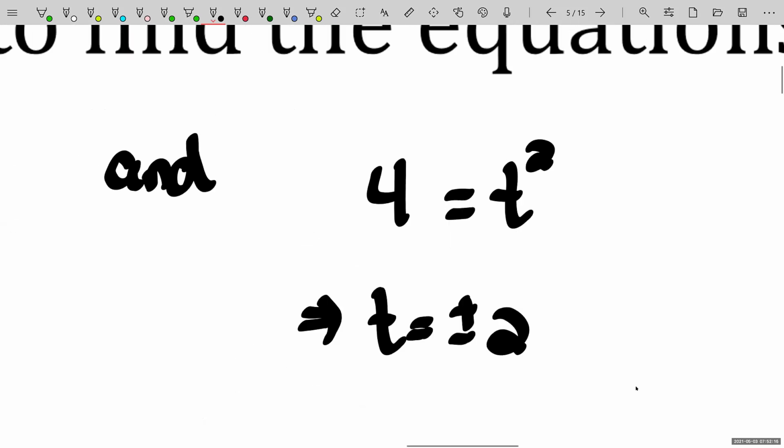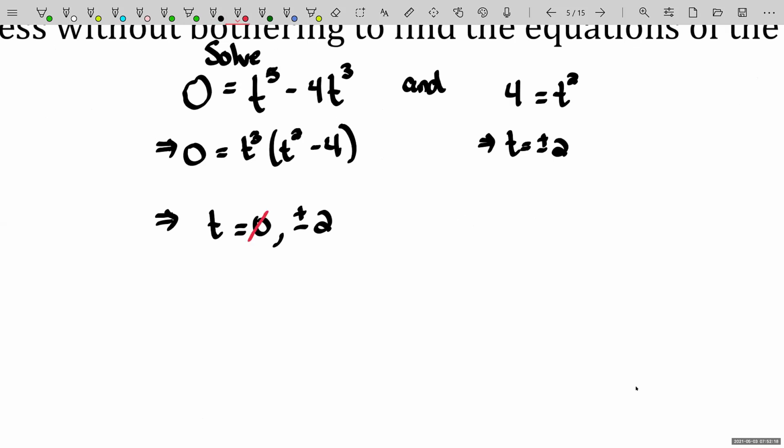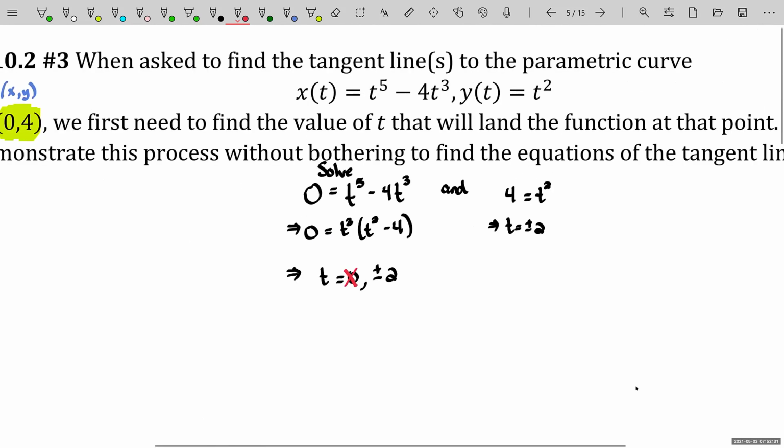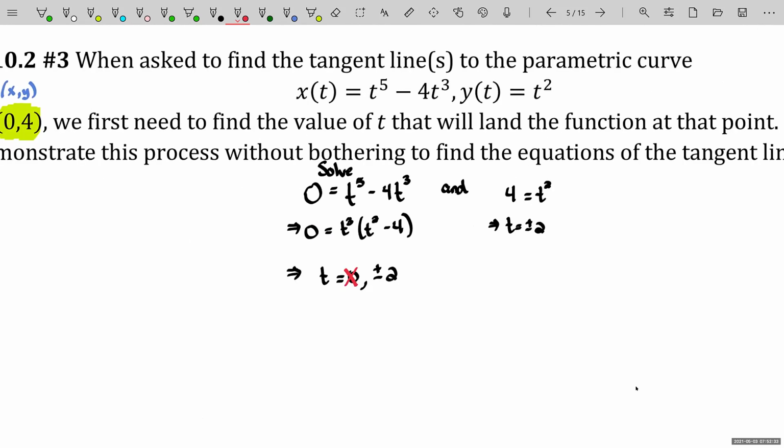So I'm going to throw out the time 0 value because while it is true that x does become 0 at time 0, its corresponding y value is not 4. In fact, I'll write it here. At time equals 0 implies x is 0, which is what we wanted, but y is equal to 0, which is not what we wanted.